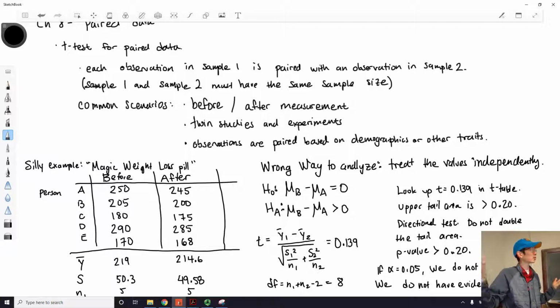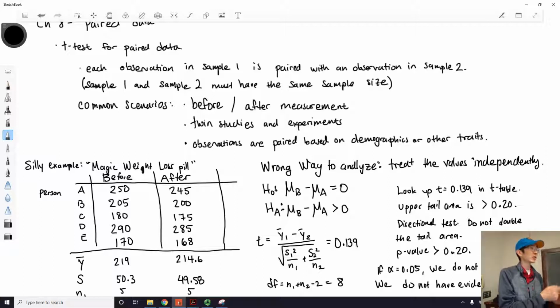So a difference of around 5 pounds, 4.4 pounds, is lost given how big the range of starting weights is.